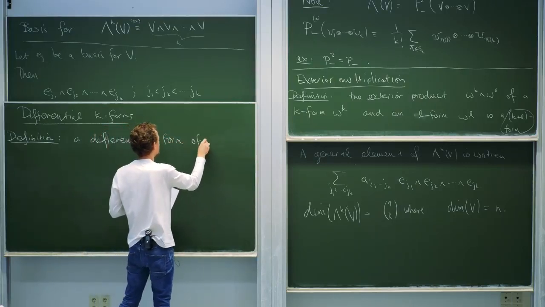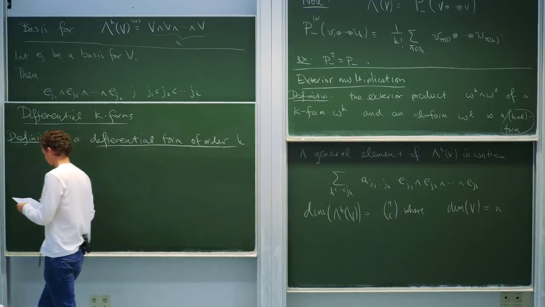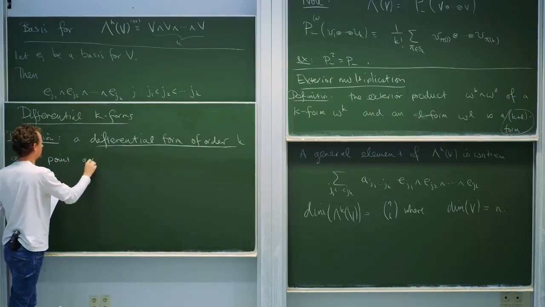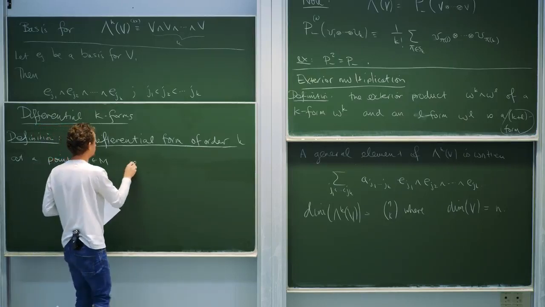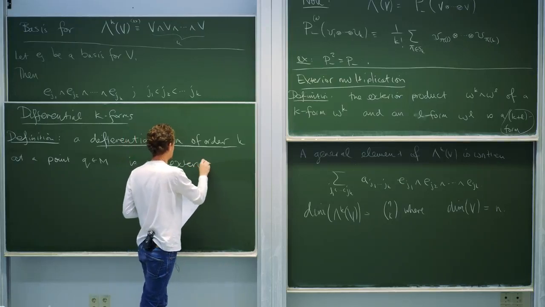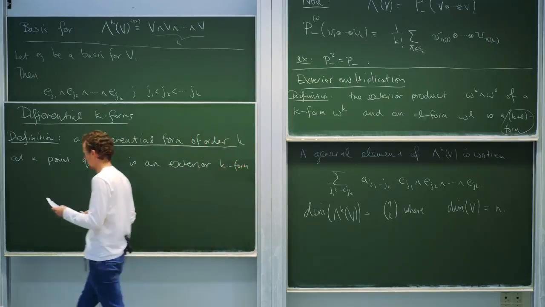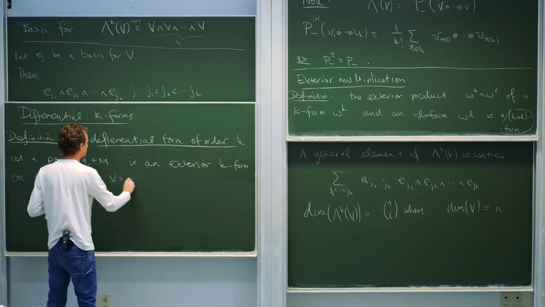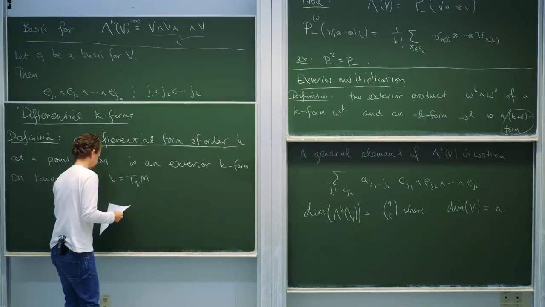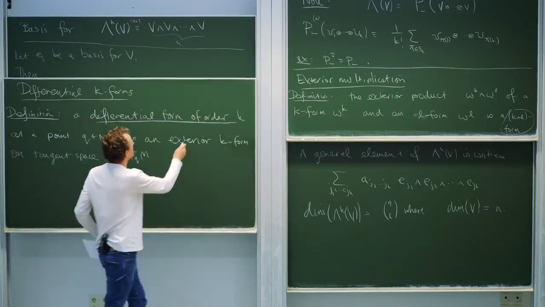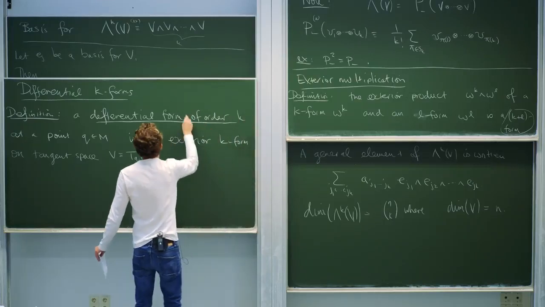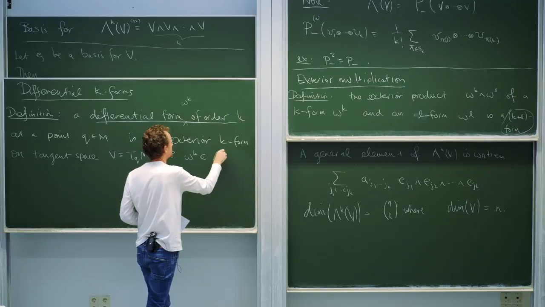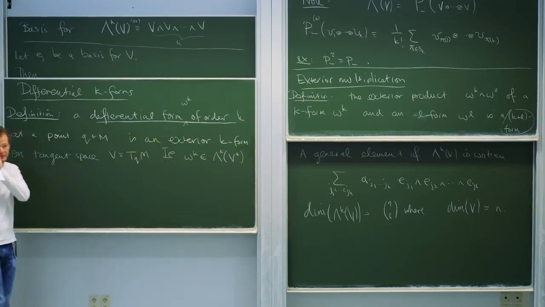A differential form of order K at some point q in a manifold M is just an exterior K-form on the tangent space V. I'll call it omega K. Another way of saying this is that omega K is just an element of the K-fold wedge of the dual vector space to V.